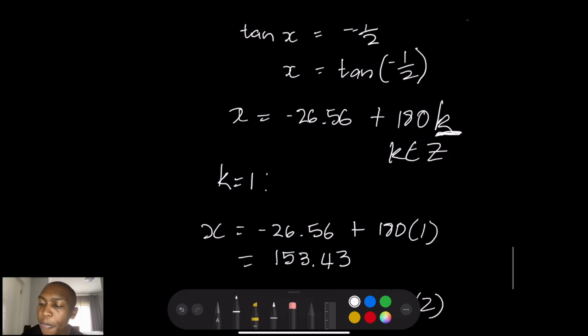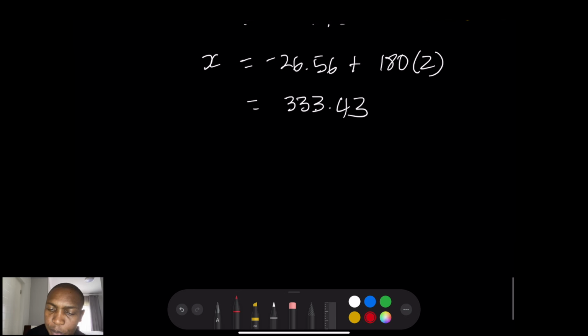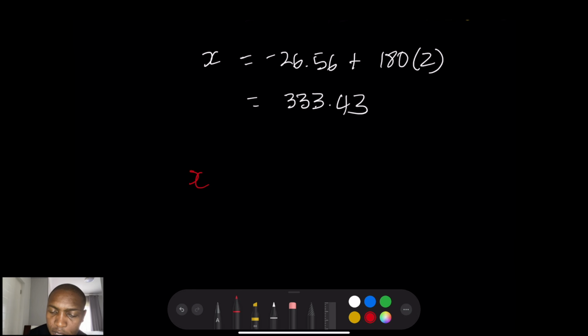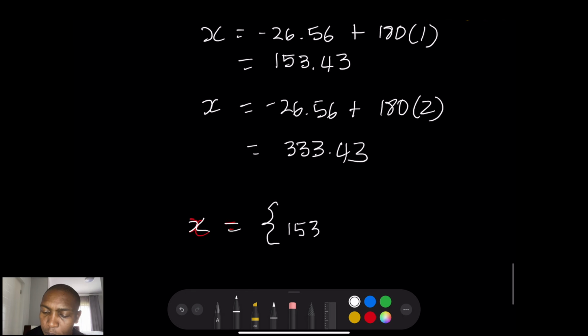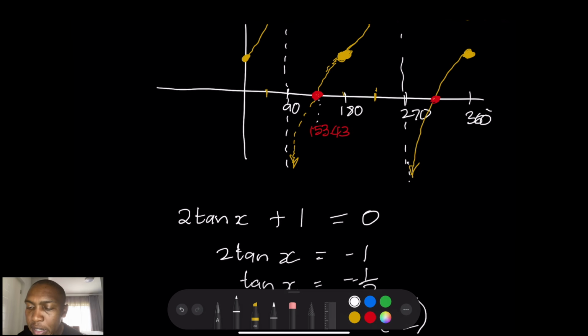So in this case, our solution where the graph cuts through, let me write that in yellow, it makes it much better, x would be equal to 153.43 and 333.43. Those would be your solutions where the graph cuts through the x-axis.